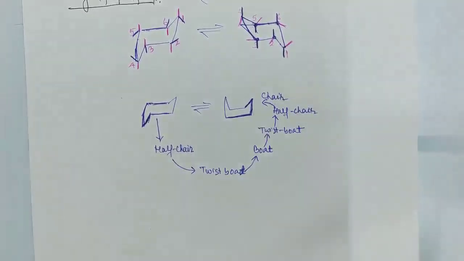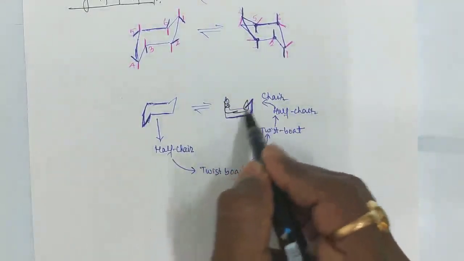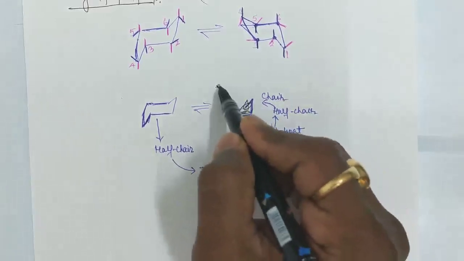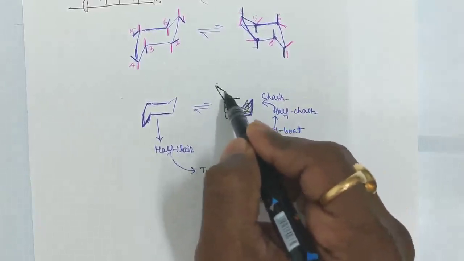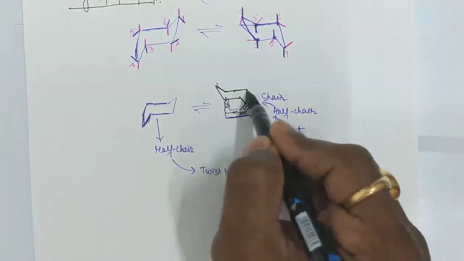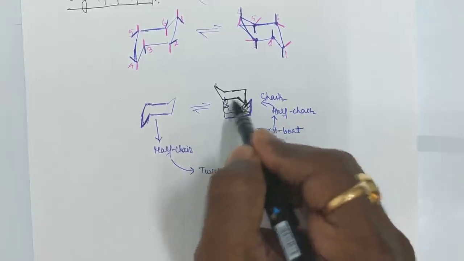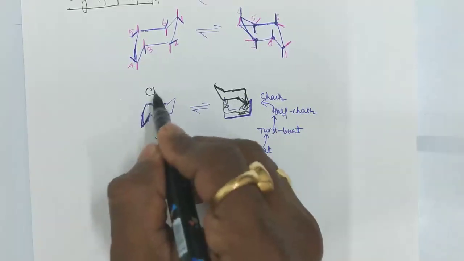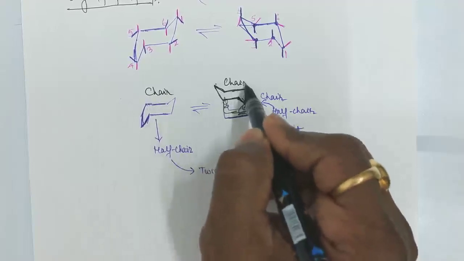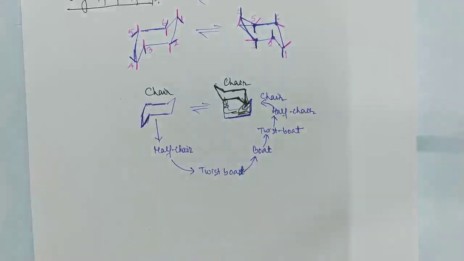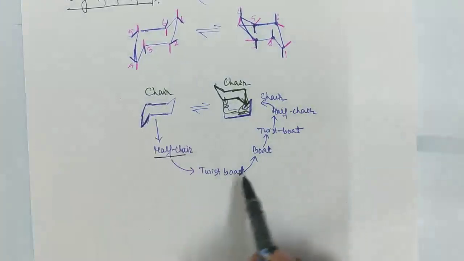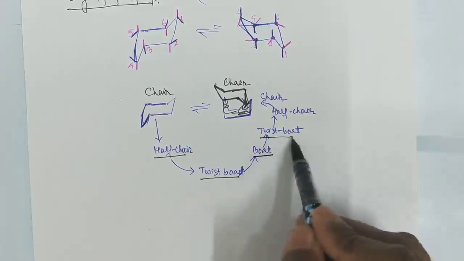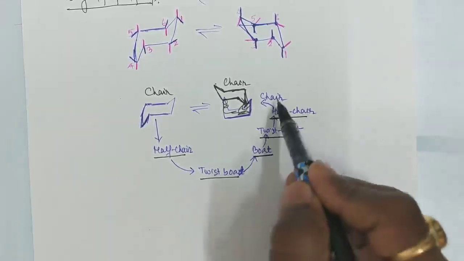See, I have incorrectly drawn here. This is chair, this is also chair. So chair to chair interconversion goes this way: chair to half chair, twist boat, then boat, then twist boat, then half chair, and then chair.